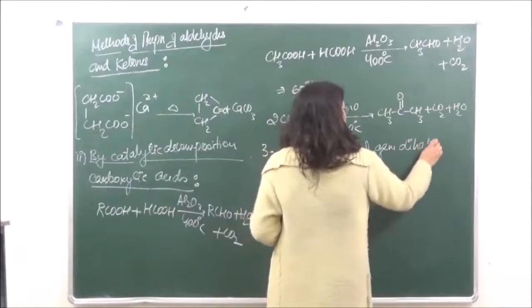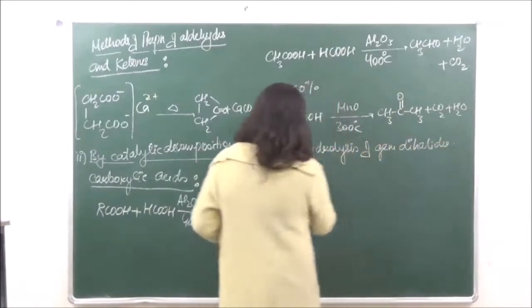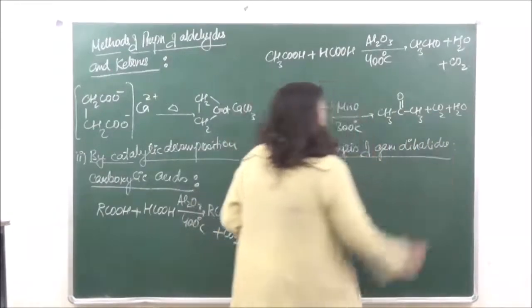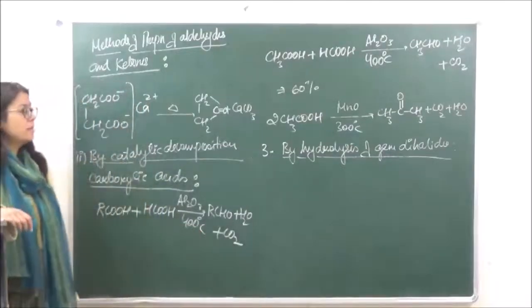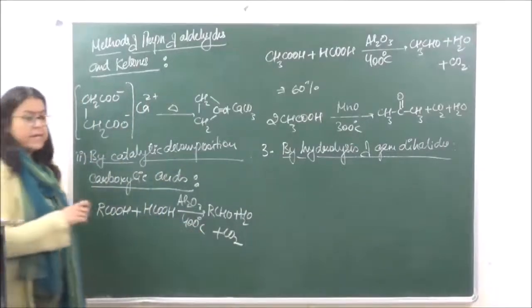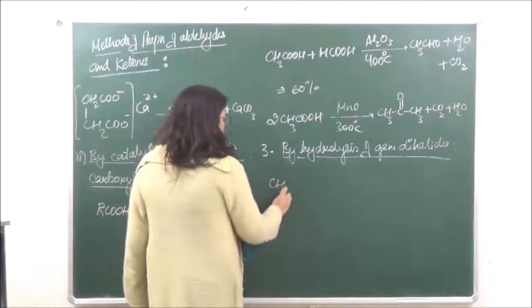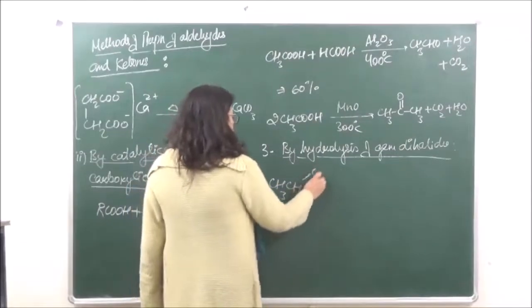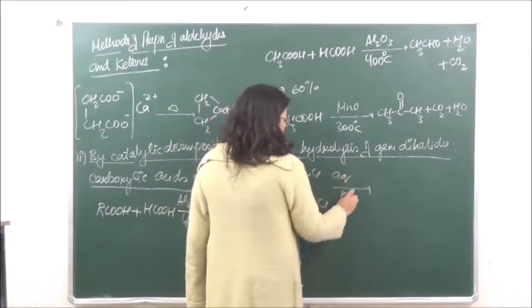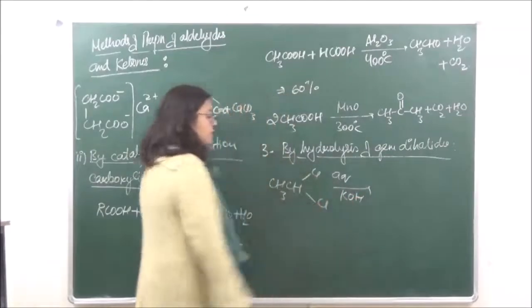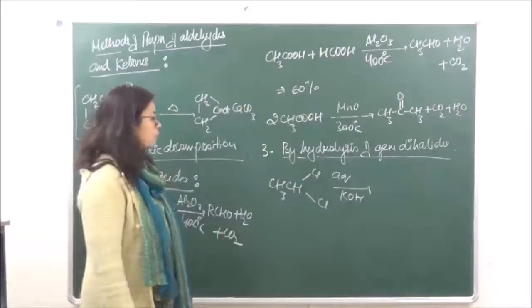When both the halogens are attached to the same carbon atom, that is going to be a gem dihalide. We do the hydrolysis in presence of aqueous KOH. Both the chlorines are going to be substituted by OH.